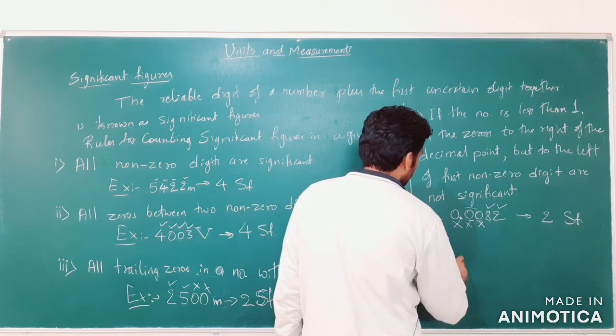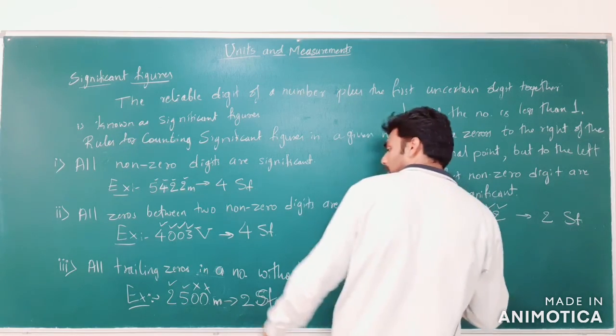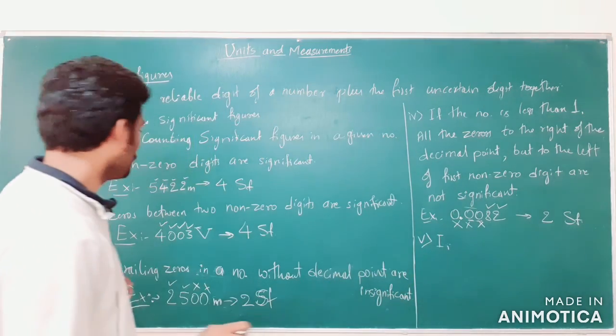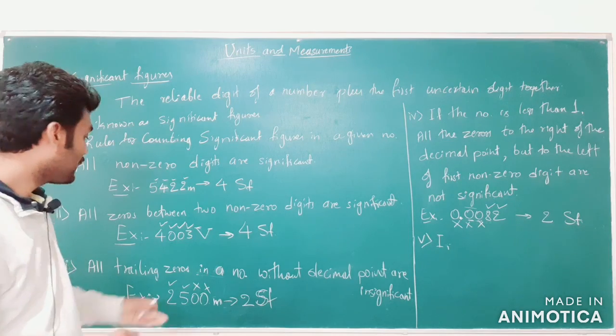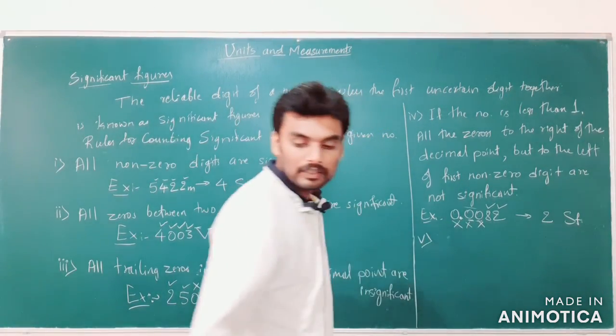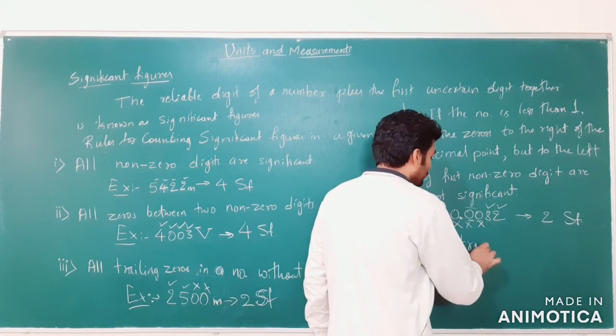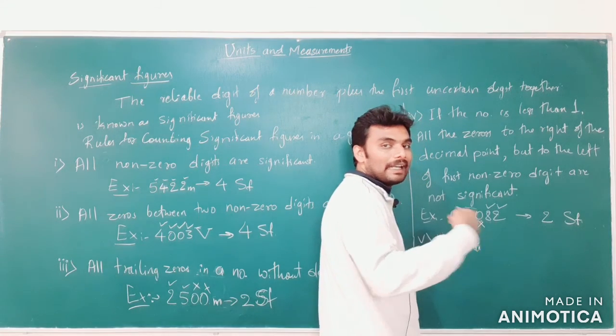And the next rule is, if all trailing zeros in a number, again we are going to consider trailing zeros. Trailing means ending zeros.